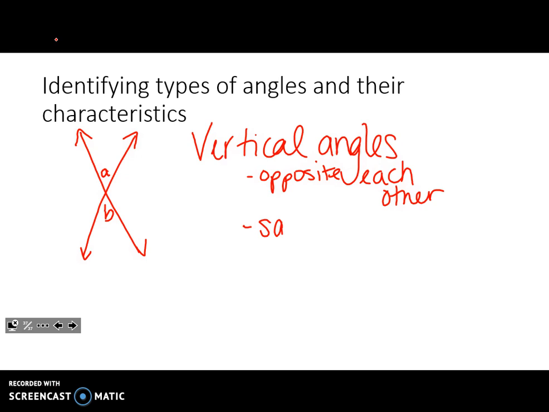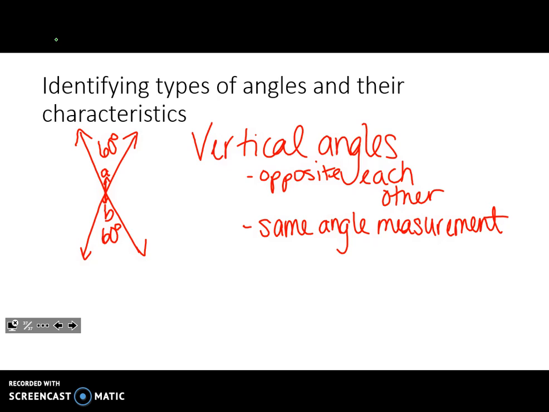And they always have the same angle measurement. So if I said that angle B right here was 60 degrees, and I said, what is angle A? You should be able to tell me that it is also 60 degrees because these are vertical angles. They are across from each other.